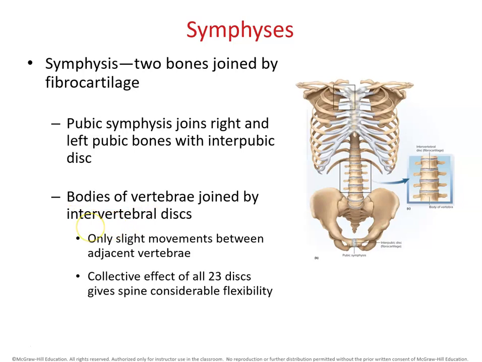So here are examples of slight movements, more of a cushioning effect, and a slight degree of flexibility in the case of the intervertebral disc. Each one of these 23 discs is slightly flexible, but overall it gives a fair amount of flexibility.